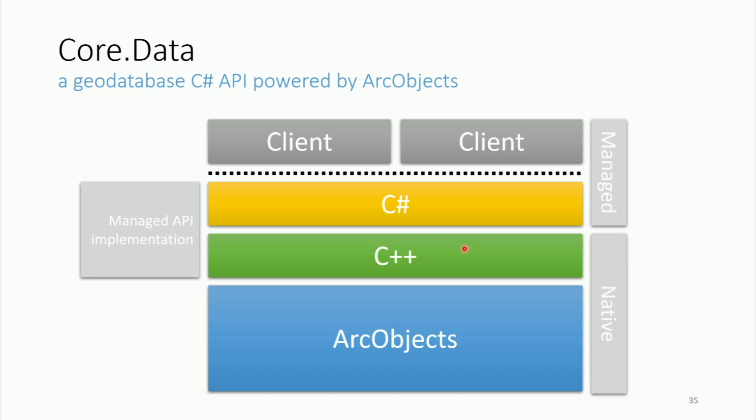We've created a level of C++ bindings on top of it. That's all part of the native tier. Then C# communicates with the C++ layer, and you can write your applications in C# using the managed SDK. That's the client stack you'll be hitting.